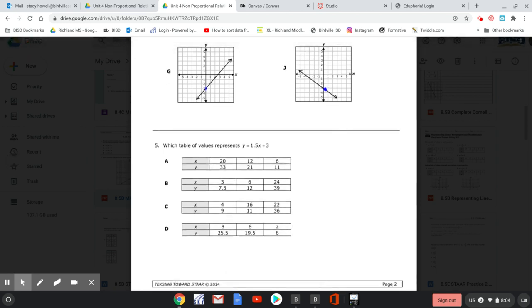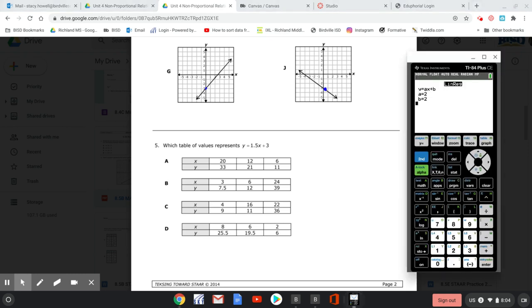Okay, this one says, which table of values represents this equation? So I'm going to put it in y equals. I'm going to put 1.5x plus 3. I'm going to hit second table, and I'm going to check these numbers. When x is 20, is y 33?